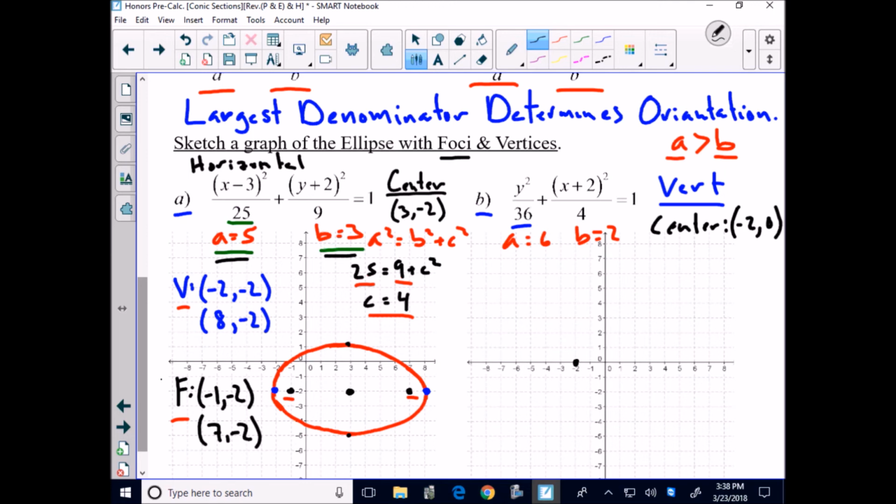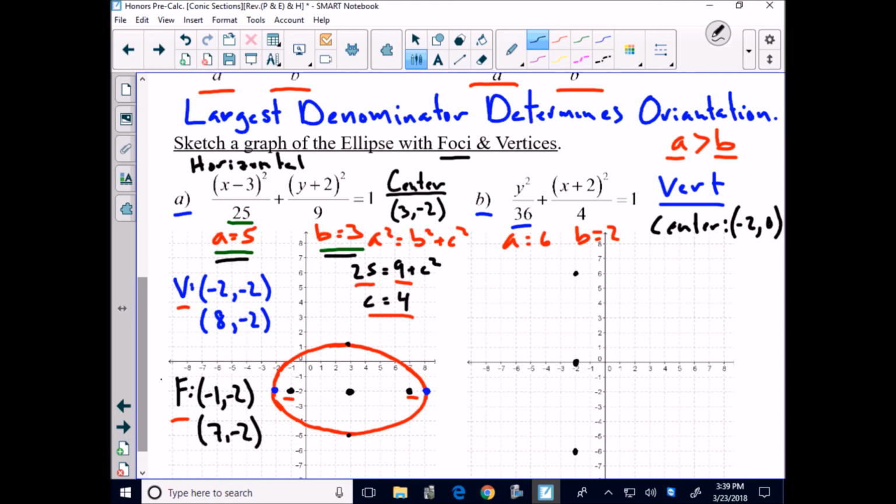Now, since we are vertically orientated, we are going to be extending that length a up and down to get the vertices. So we go 6 up and 6 down to get the vertices, the ends of the major axis.